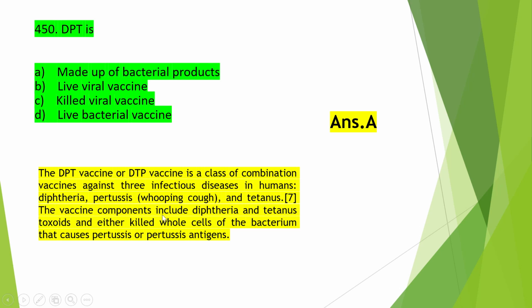The vaccine components include diphtheria and tetanus toxoid, and either killed whole cells of the bacterium that causes pertussis or pertussis antigens. Okay, so these are all about this part 13 MCQs.